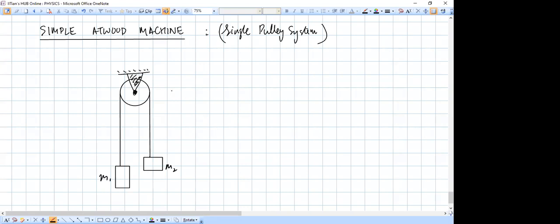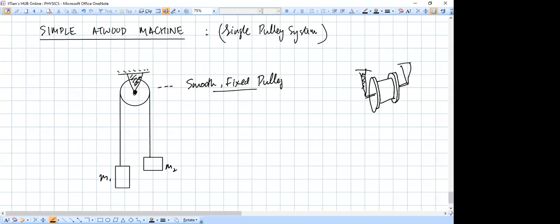Okay. So this is what is called a smooth fixed pulley. Three-dimensionally, let's say the pulley looks like this. So the fact that it is fixed, का मतलब क्या है?